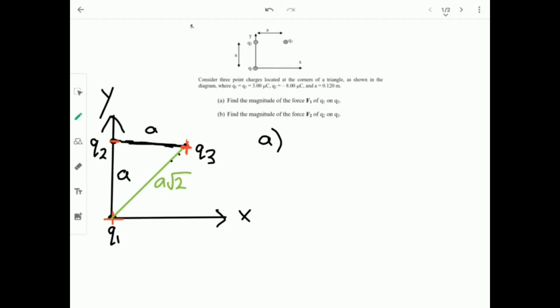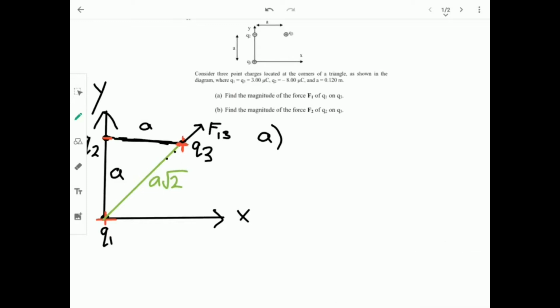Since it has to act on this line, on this diagonal, I'm just going to do this because it's by Q1 on Q3. So let me call this F13 or F1. How do you find the magnitude of the force? You use Coulomb's law. F equals K Q1 Q3 over R squared. R is the distance in meters.